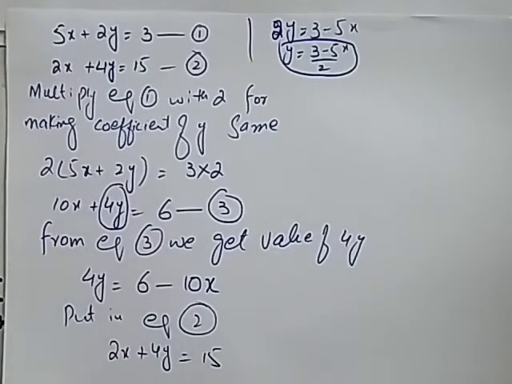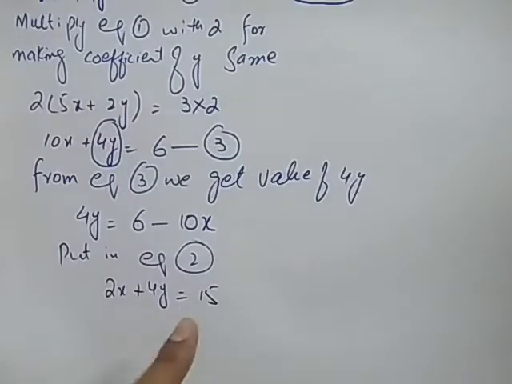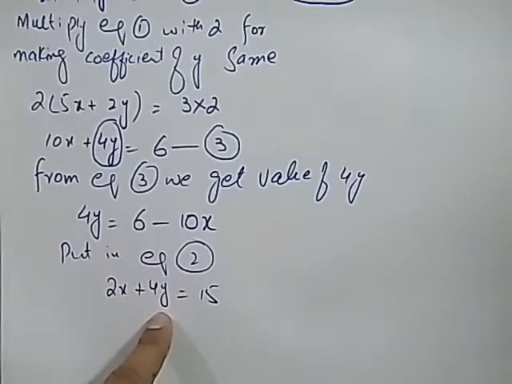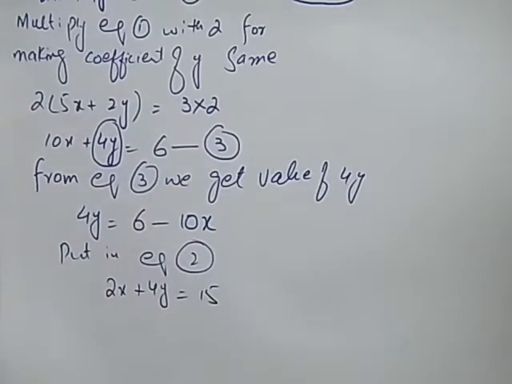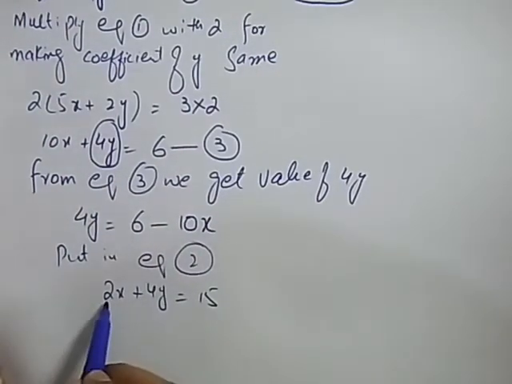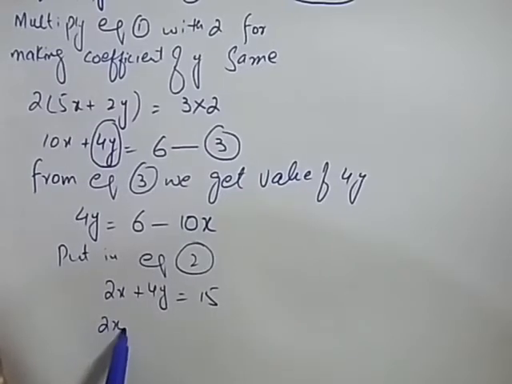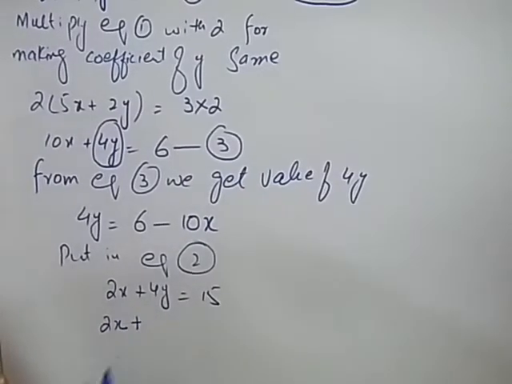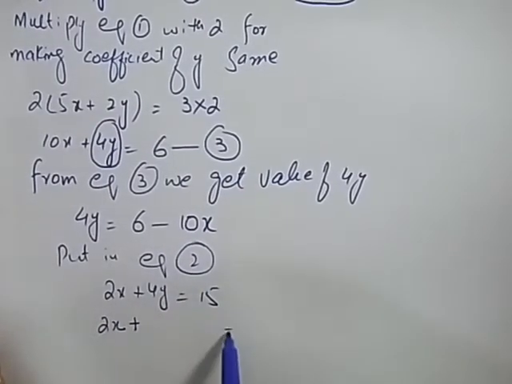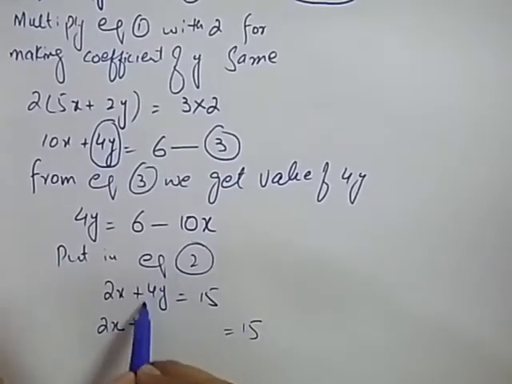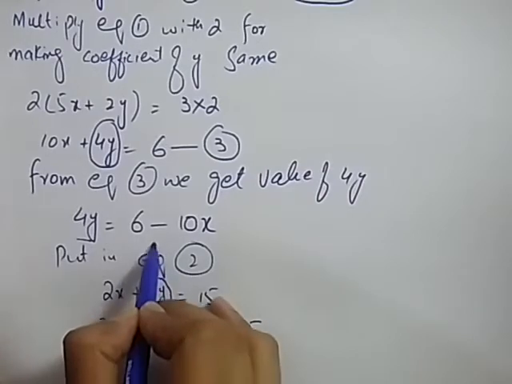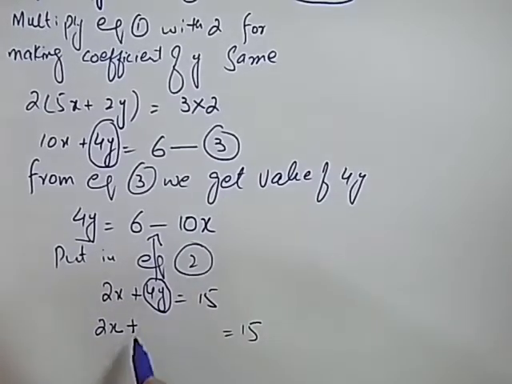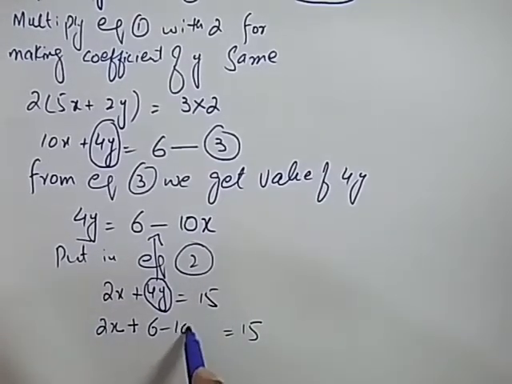Now at the place of 4y, it is easy for me to substitute this value, 6 minus 10x. You can see that this 2x will remain the same, this plus will remain the same, this 15 will remain the same. At the place of 4y, I have to put this value. What is the value? 6 minus 10x.